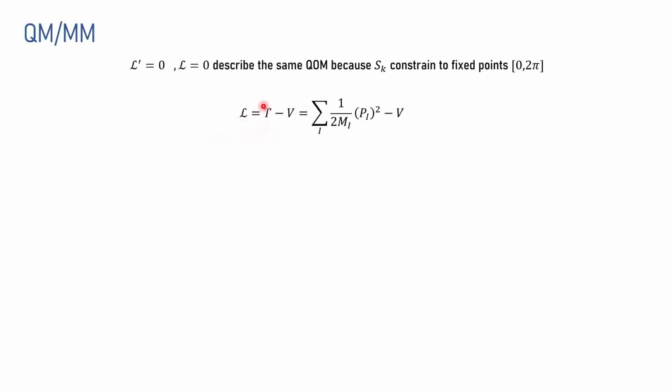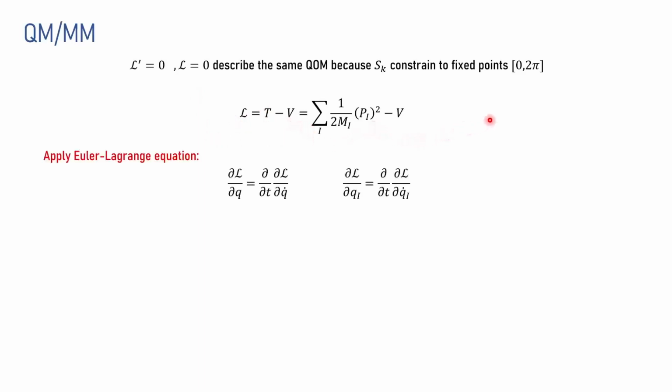As we define L as T minus V, which is the kinetic energy minus the potential energy, we will apply the Euler-Lagrange equation. Here we have the partial derivative with respect to Q, and here we have the partial derivative with respect to time and the partial derivative with respect to Q dot.